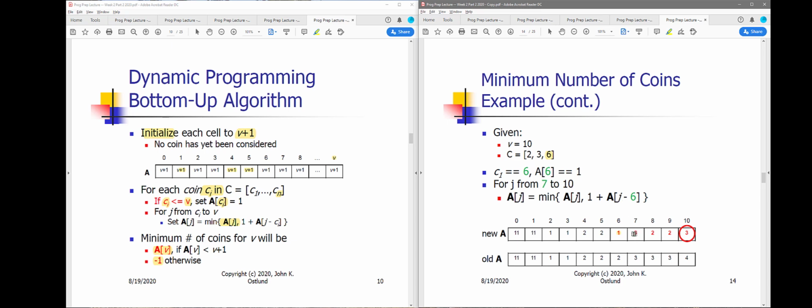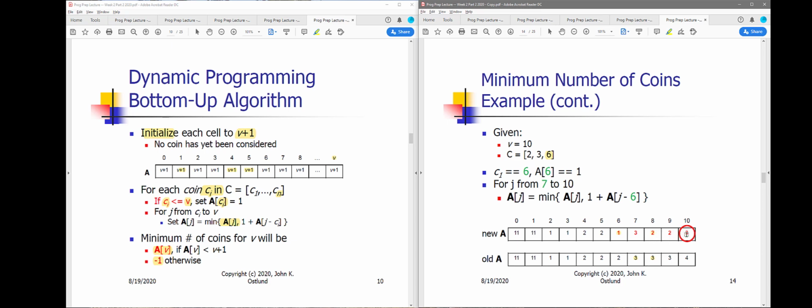So for 7, we have a choice between 3, that's the value we had before, or a sub 1 plus 1, so we have a choice between 3 and 12. We'll take the 3. Then for 8, we have our choice between 3 and 1 plus a sub 2, so that's 2. All right, so we'll take the 2 there.